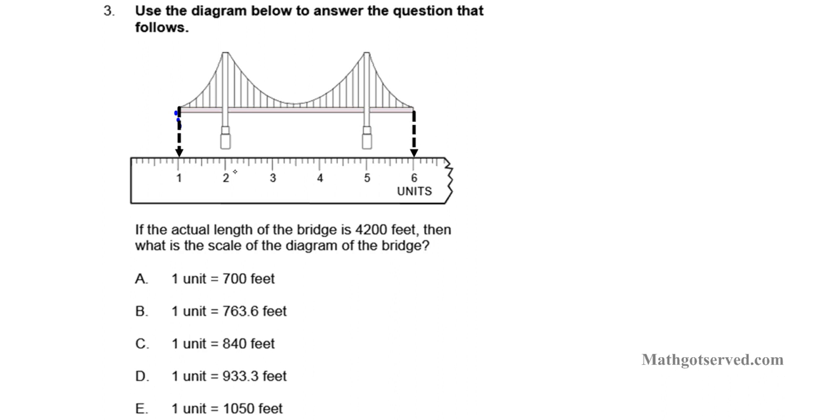So it goes from 1 to 6. So how long is that? It's 1, 2, 3, 4, 5. It's 5 units. Okay? So 5 units is equal to 4,200 feet. So you have to be really careful, not 6 units. So 5 units is equal to the length of the bridge, which is 4,200.